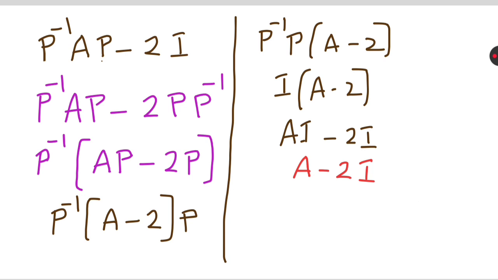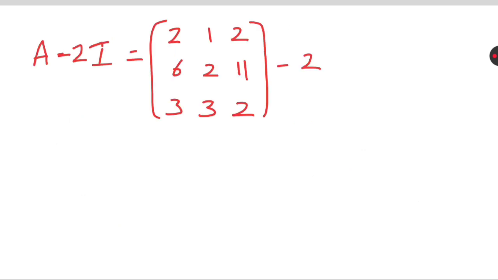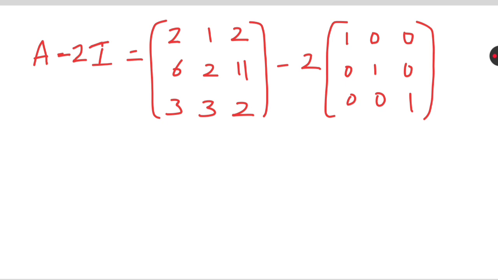So now we need to find the A minus 2I value. Here A is a 3 by 3 matrix, so this identity matrix also you need to take as 3 by 3: 1 0 0, 0 1 0, 0 0 1. After multiplying by 2, we get 2 0 0, 0 2 0, 0 0 2.